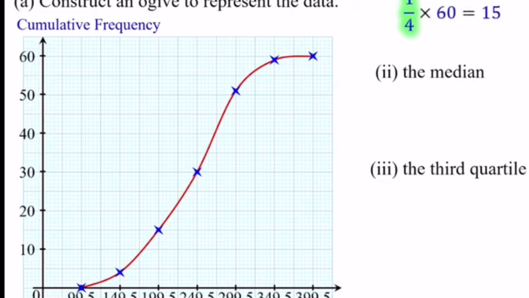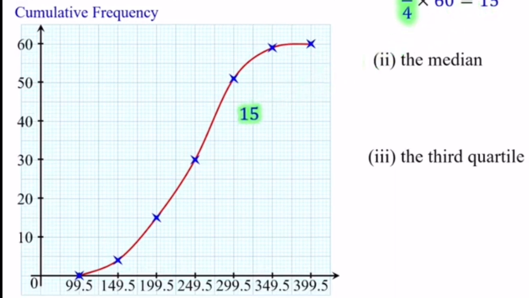You can use a ruler to guide you to read the value we call the first quartile. We will take the 15 as the cumulative frequency, and we will go to the graph, and on the cumulative frequency there, we will draw the dashed line, dot dot dot or dash dash dash, until it touches the ogive, right?